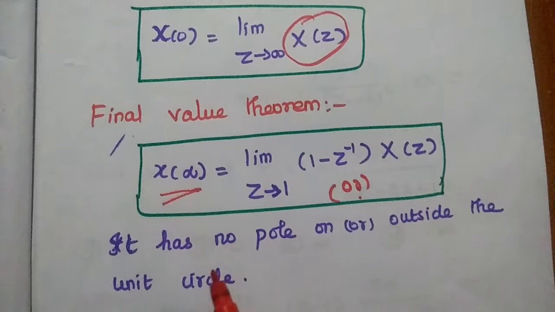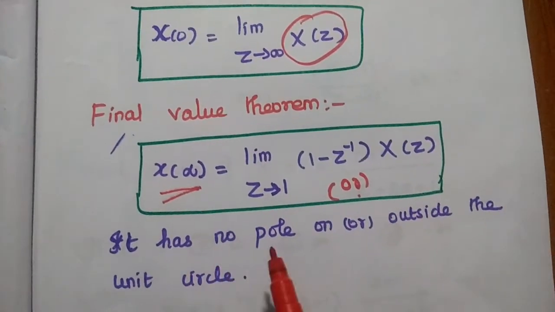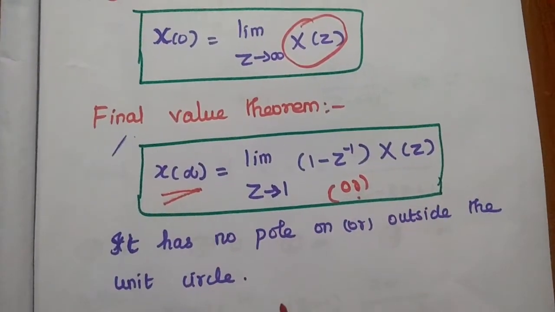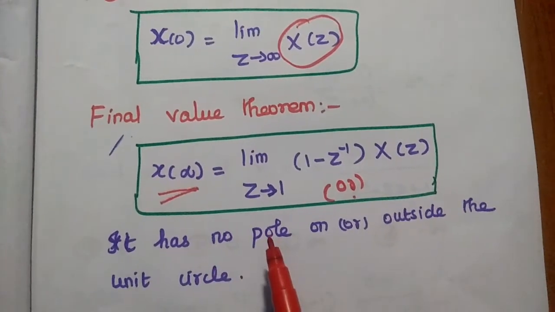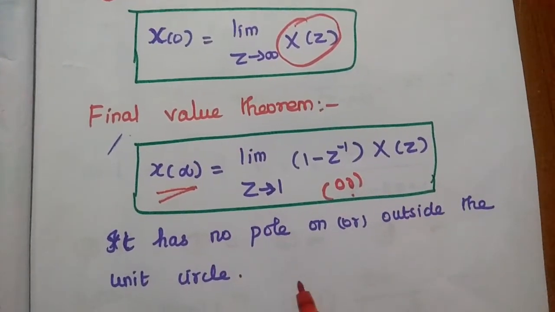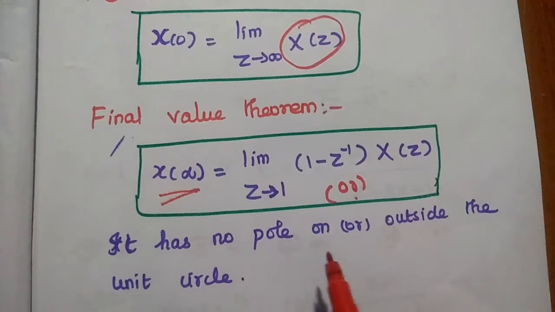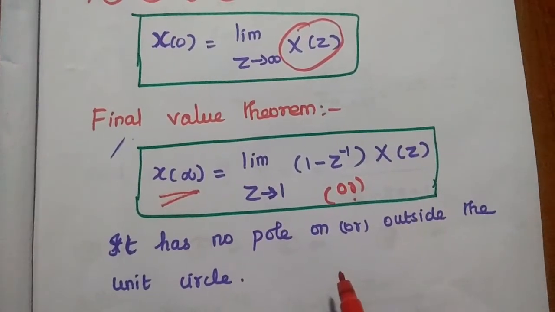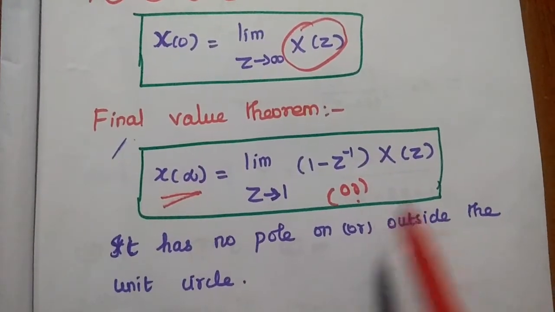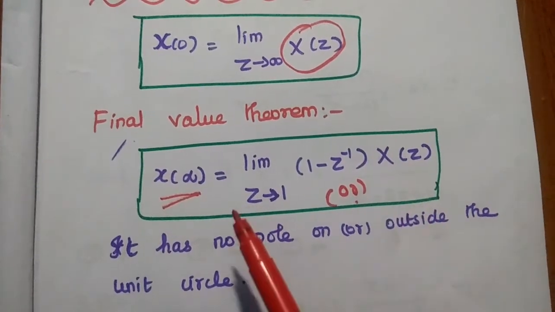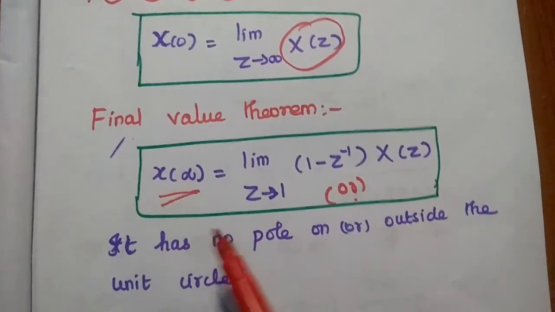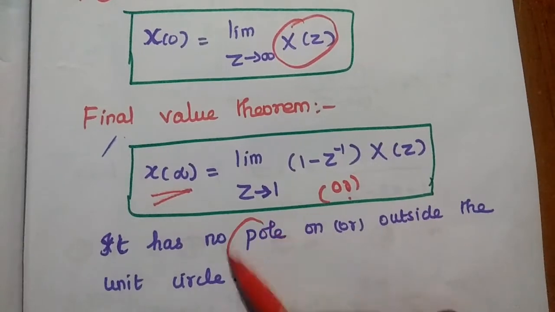Okay, so here one more condition is there, that is it has no pole on or outside the unit circle. If the poles are present outside of the unit circle, then for that X of z, we are not able to find out the final value. So how do we find out the poles?